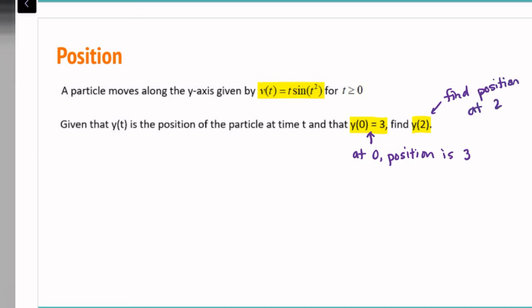So my starting point, if I'm going from 0 to 2, I know that I'm going to be doing the integral from 0 to 2 of v of t dt. Okay, that's going to tell me how much it's changed. And then I want to add to that whatever my initial position was. My initial position was 3.